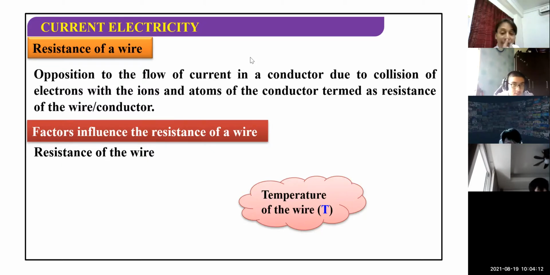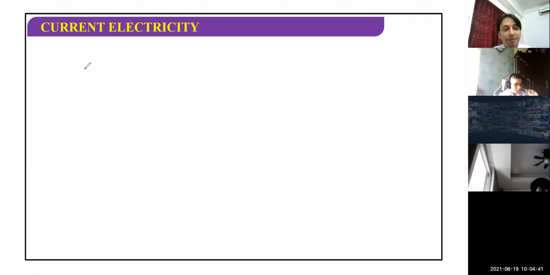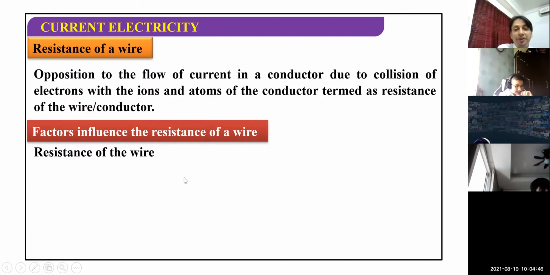You can find these factors in your textbook on topic 8.06, where the 4 factors are mentioned. For a metal conductor, resistance increases with temperature. Let me write here: resistance increases with the increase in temperature.